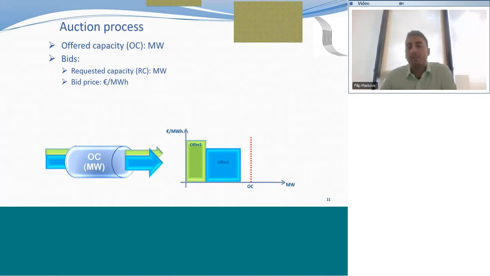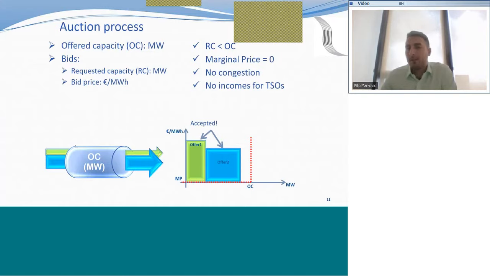In this first example, total requested capacity is lower than offered capacity, which means there is no congestion and all bids are fully accepted. In this case, marginal price is 0 and there are no incomes for TSOs.